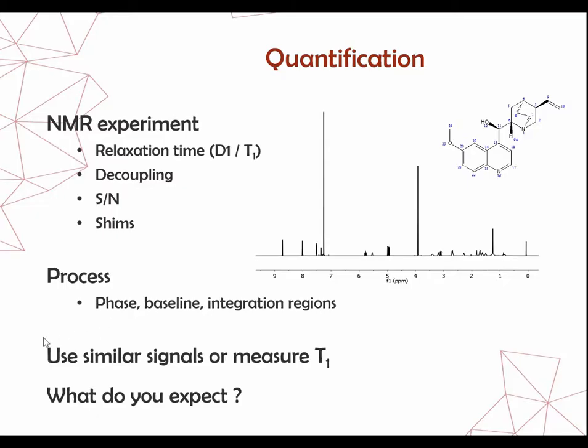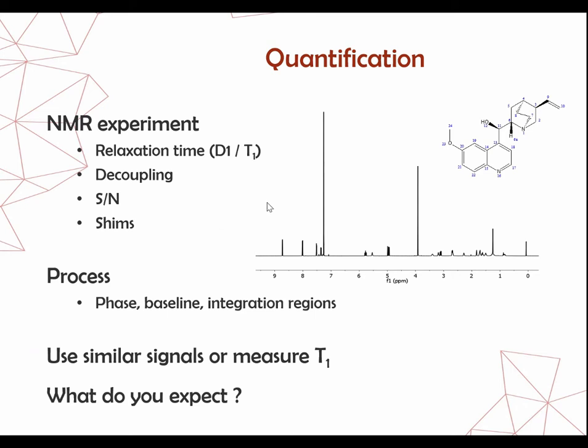If you want to compare between two different molecules, for example, the starting compound and the product after your reaction, the best way to do it is to choose one signal for each molecule and be careful to use similar signals. When I say similar, it's about the T1. You should select signals that have similar relaxation rates.